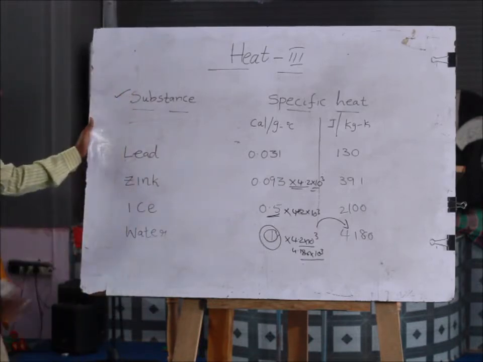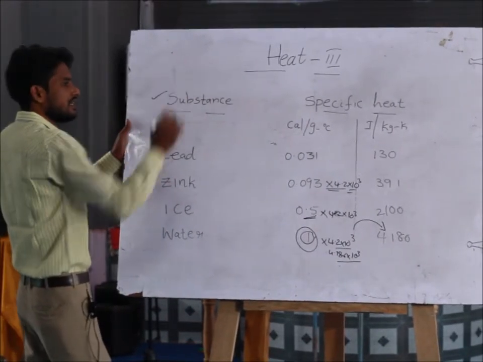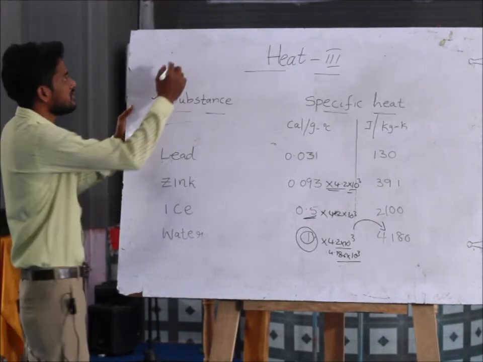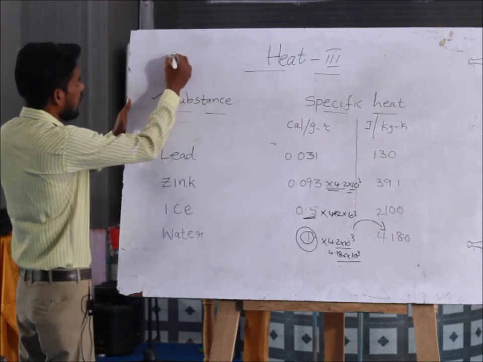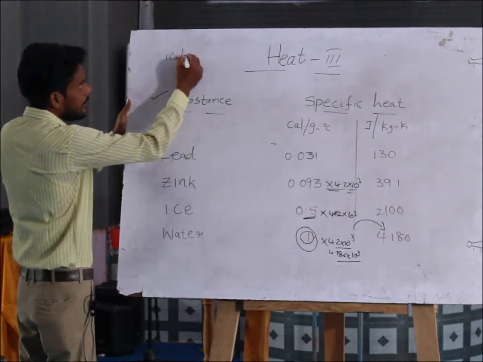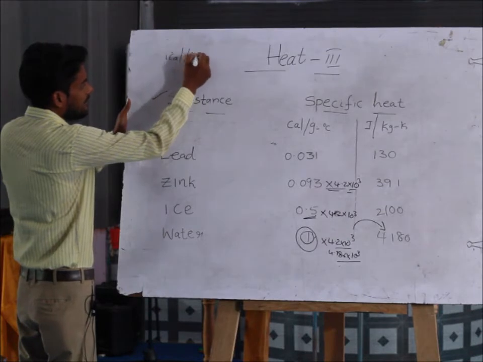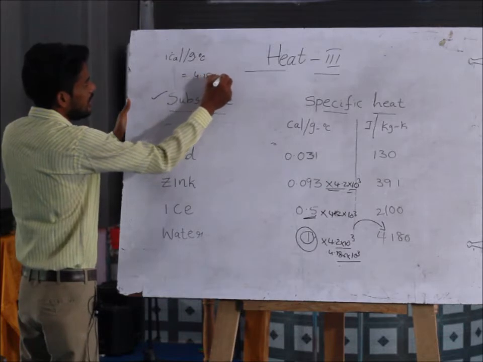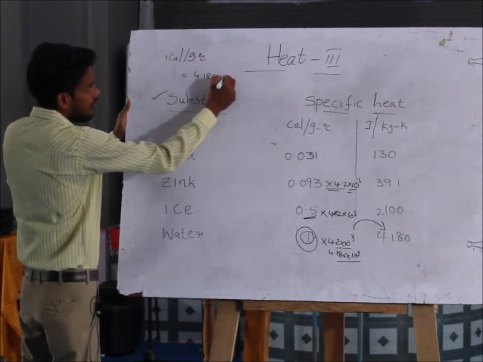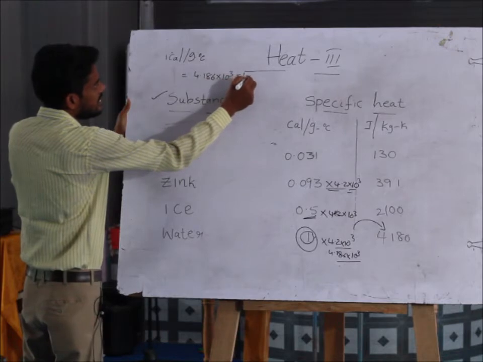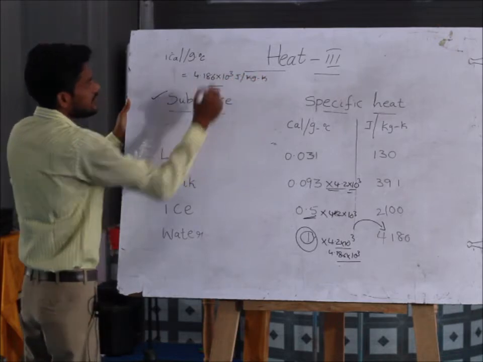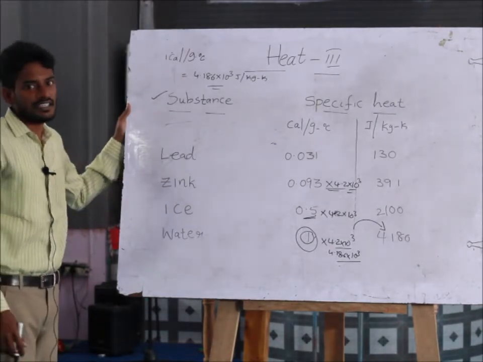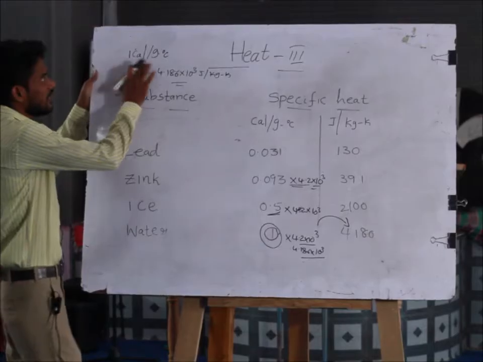This can be converted into joule per kg Kelvin, because of the relation I taught you in the last class: the relation between 1 calorie per gram degree centigrade equal to 4.186 into 10 to the power of 3 joule per kg Kelvin, which is the heat energy required.